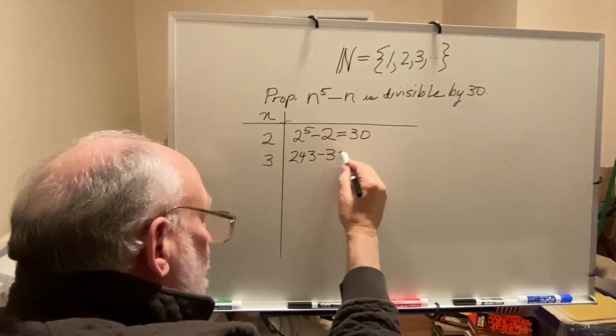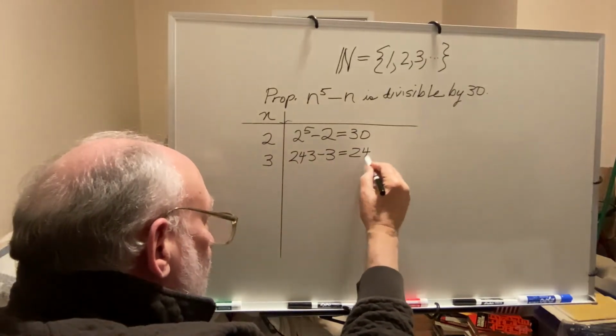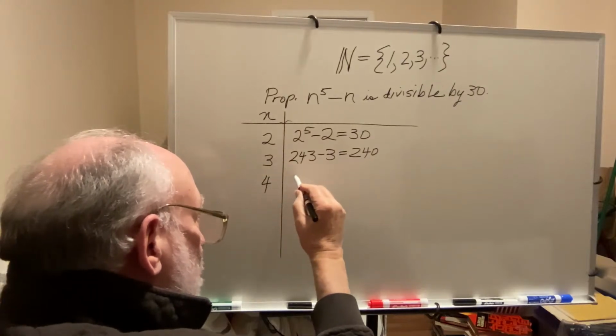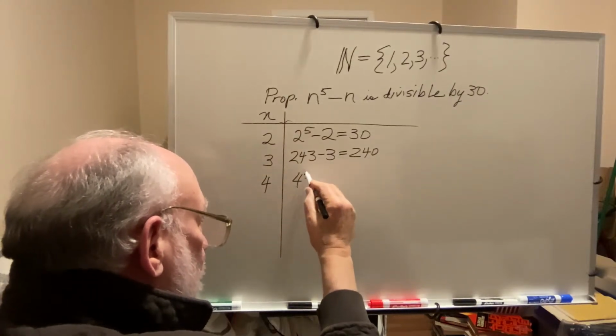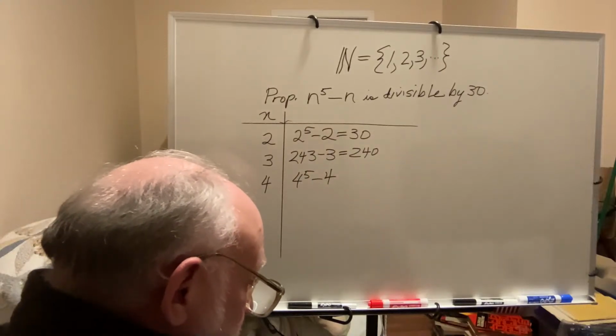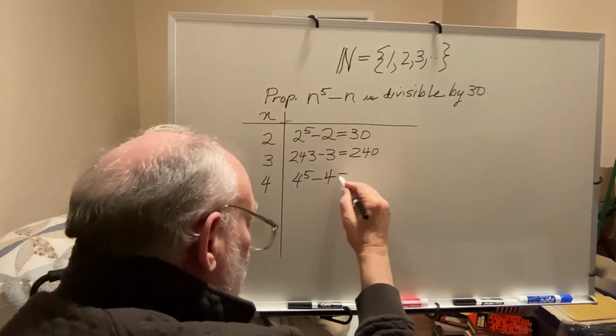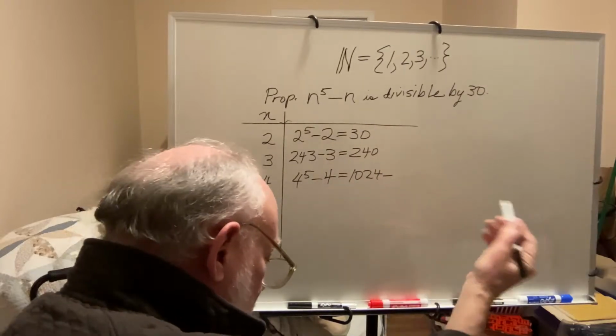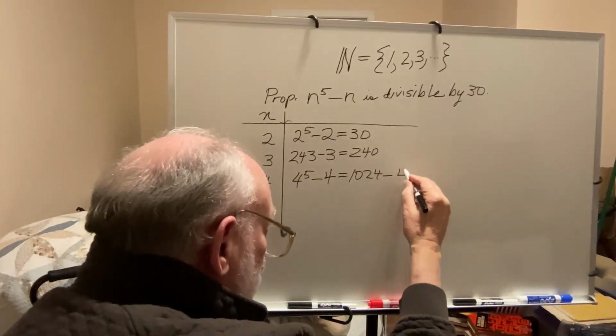Minus 3 is 240. It's divisible by 30. This is going to be 4 to the fifth minus 4. This is 1024 minus 4.